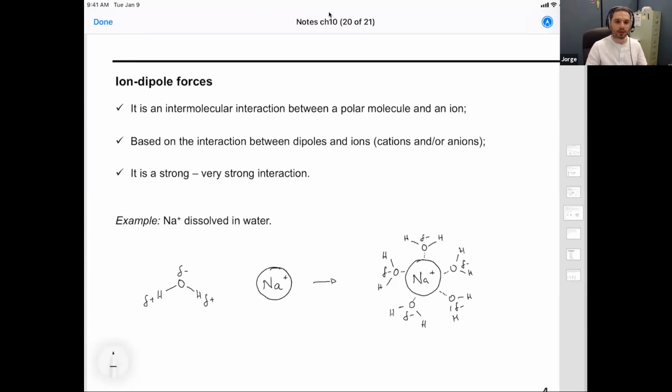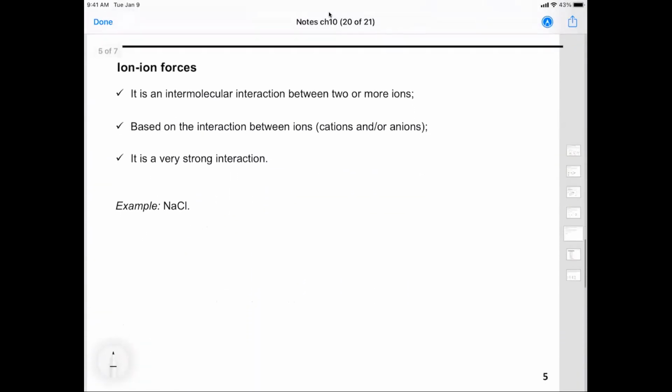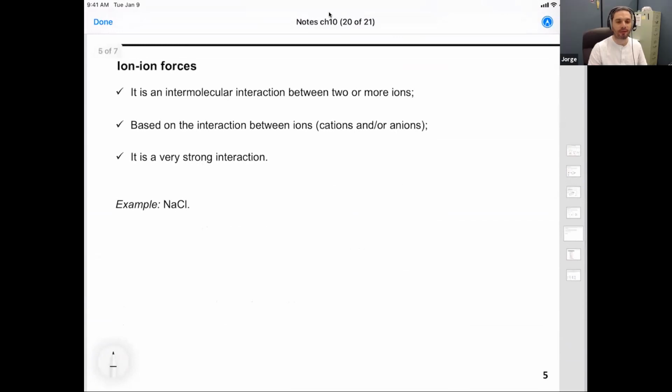Okay, so is there an intermolecular interaction that's stronger than ion dipole? So the answer for that is yes. If we have an ion interacting with another ion, that's the strongest intermolecular interaction that we can have.